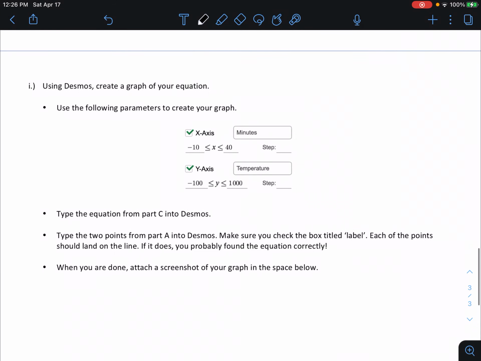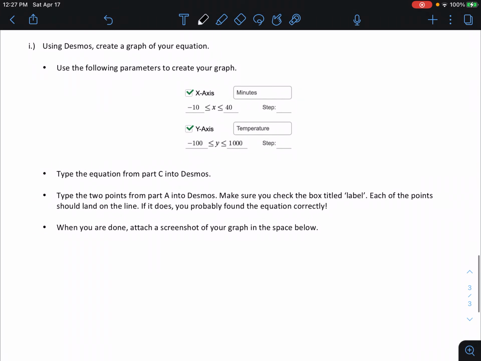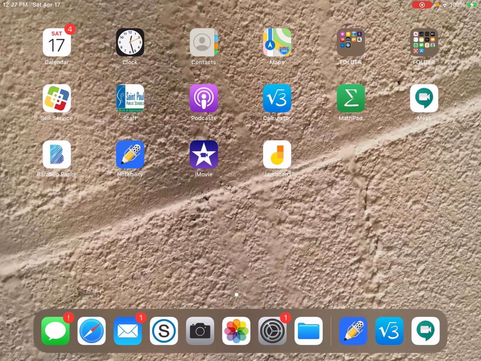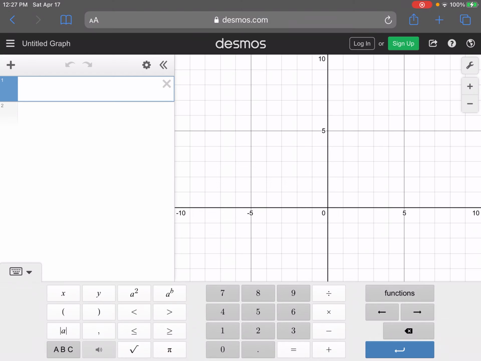Okay, so now you need to graph this thing. And if we go into Desmos to graph this thing, we can do that together here. I'm going to open up Desmos. I'm going to use a browser to do it. Oh, it's already there, so it's popping up for me. Okay, so I'm going to enter my equation.